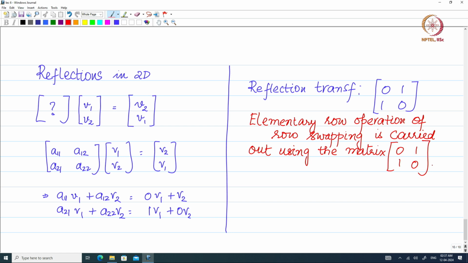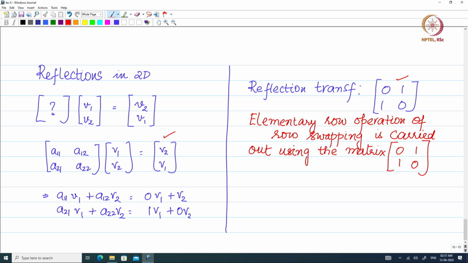And it is also interesting to see that once you have reflected, you want to get back to the original coordinates, which is V1, V2. All you need to do is swap this resultant vector again with the same matrix, 0 1 1 0, which means in order to undo the operation done by this matrix, you apply the matrix again.